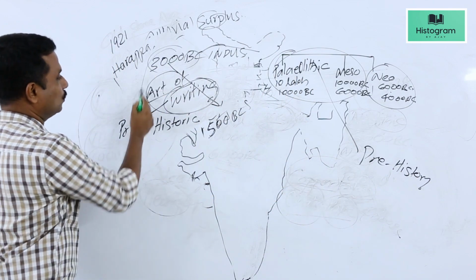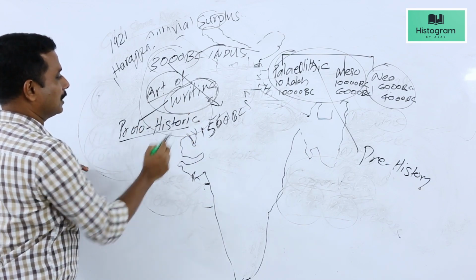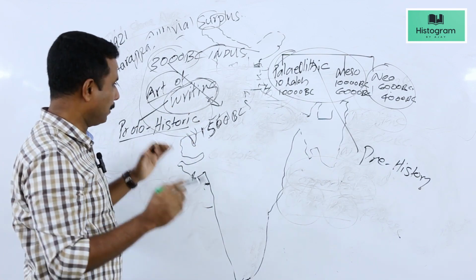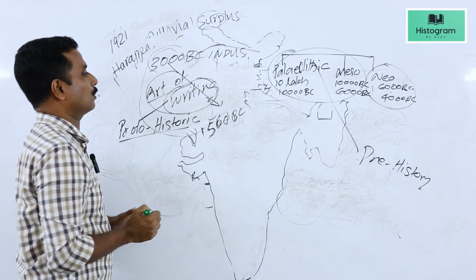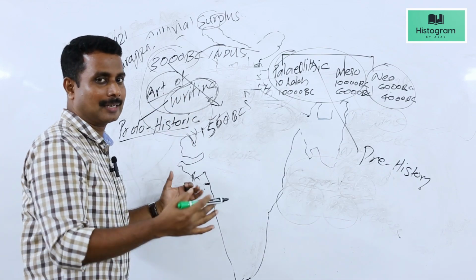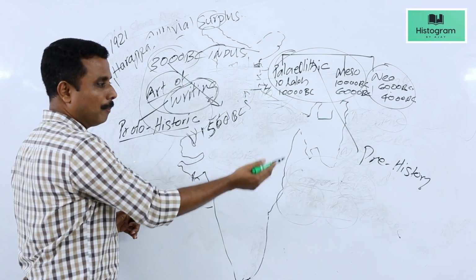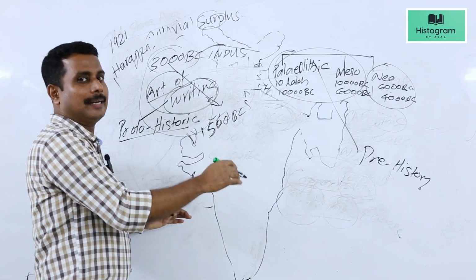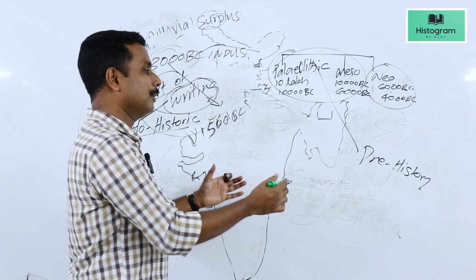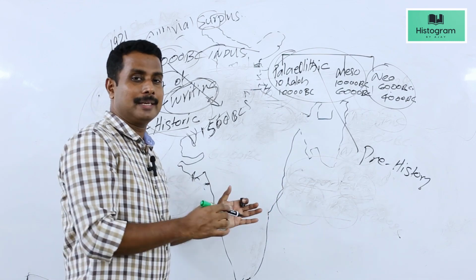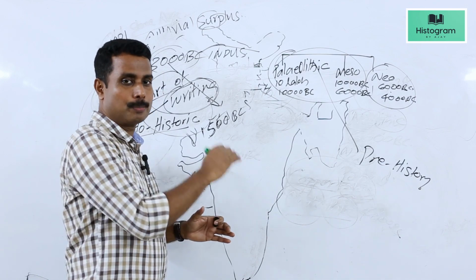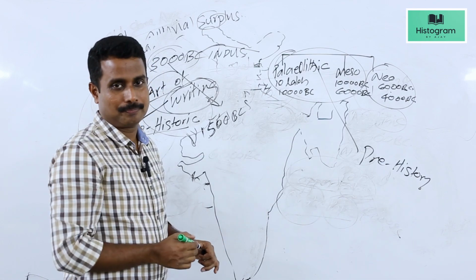Then when we move to the Indus Valley civilization, we call it the proto-historic people or period because they knew the art of writing, but we could not read and understand what they have written. I told you in the beginning, prehistory means the period in human past where we do not have any written material or documentation of those people about whom we study.